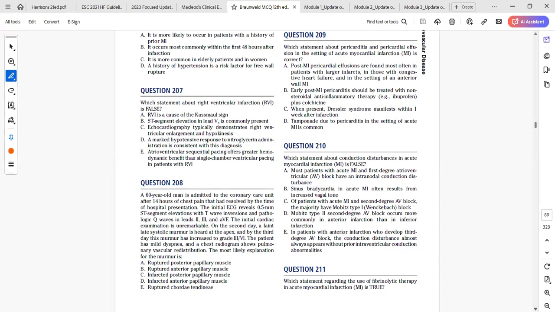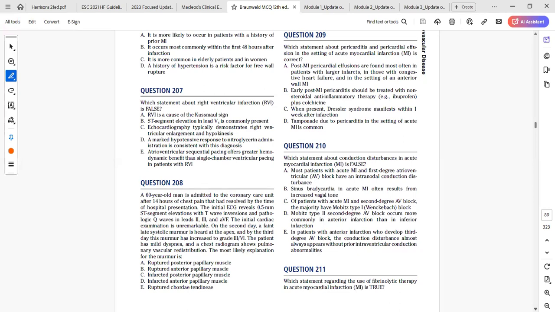So this is in keeping with a mitral regurgitation murmur, and the options include A, ruptured posterior papillary muscle, B, ruptured anterior papillary muscle, C, infarcted posterior papillary muscle, D, infarcted anterior papillary muscle, and E, ruptured chordae tendineae.